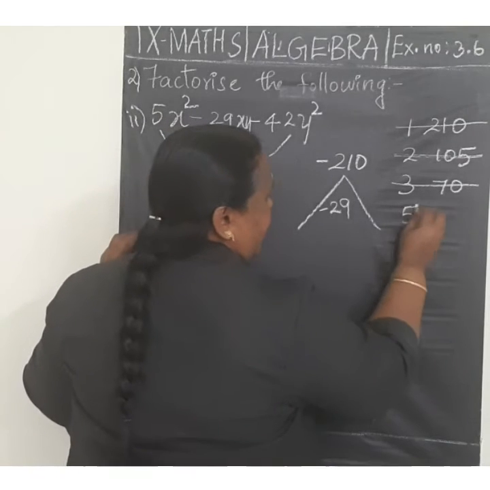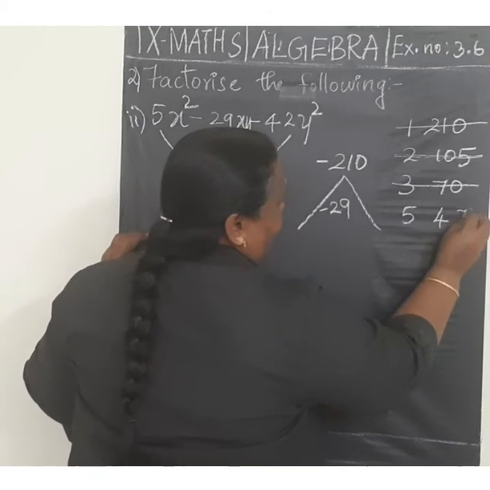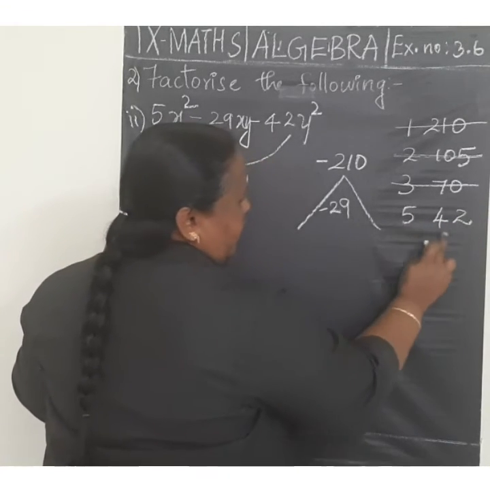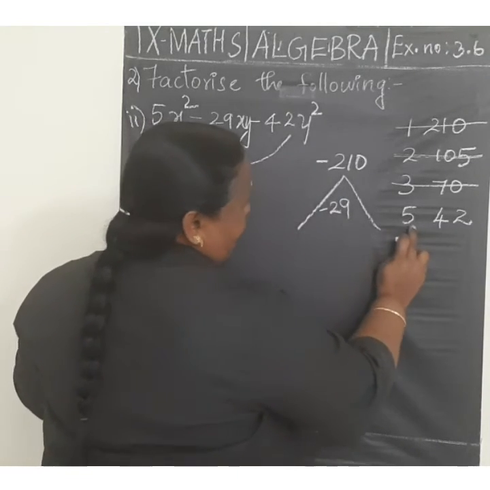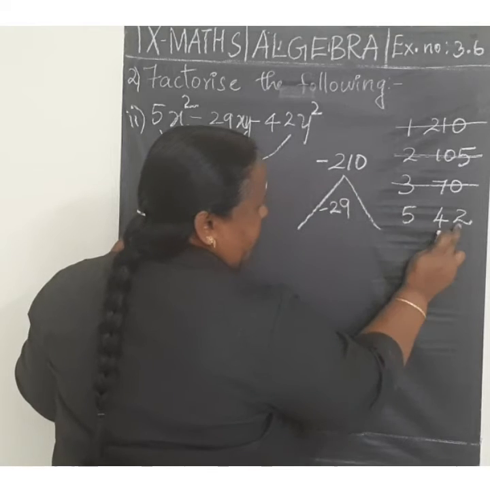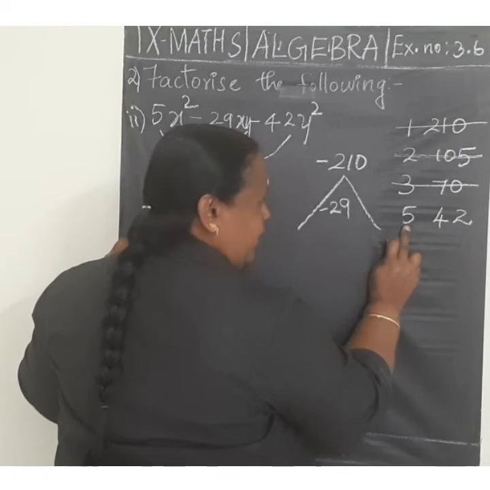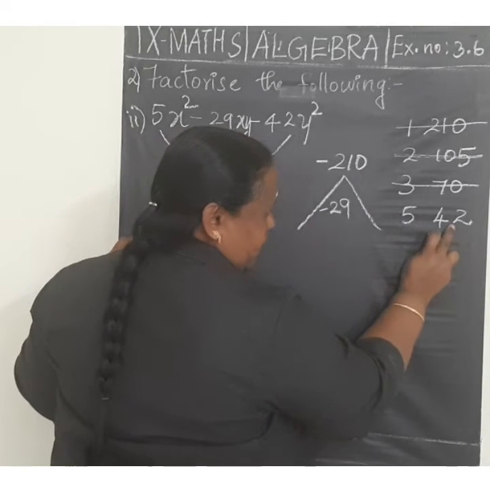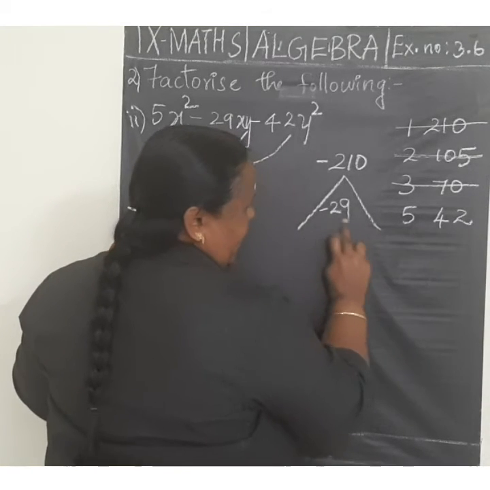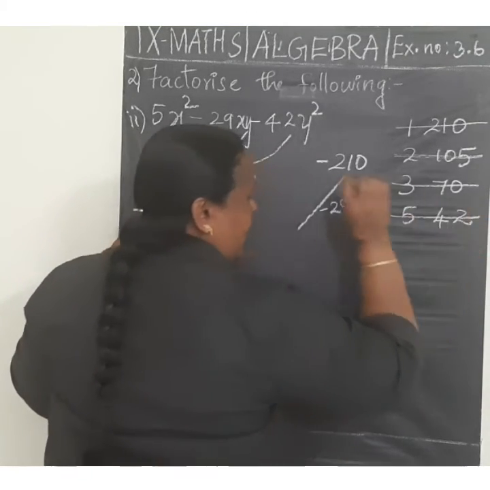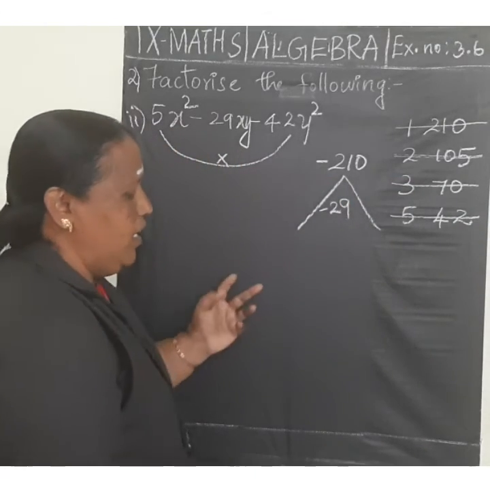Fifth table, 42 times is there. 5 into 42, 210. When we are adding this one, we will be getting 47. When we are subtracting this one, 42 minus 5 is 37. So we are not getting this 29. So we can't take this 5 and 42.